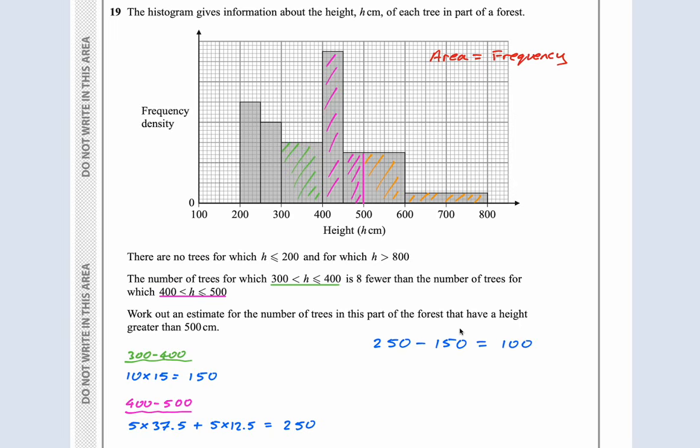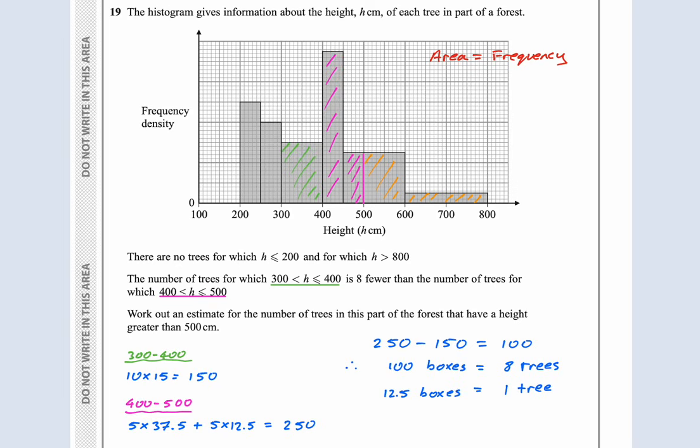Therefore, 100 small boxes equals 8 trees, which means one tree is 100 divided by 8, which is 12.5 boxes. So 12.5 boxes is one tree.